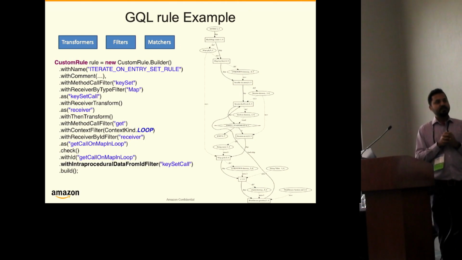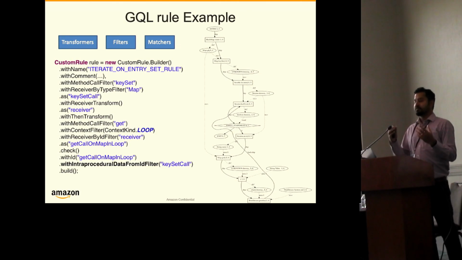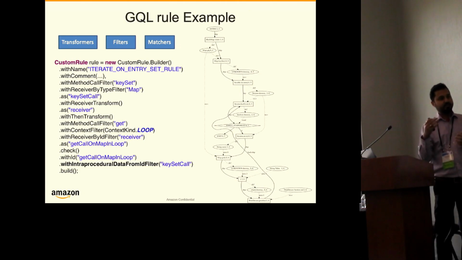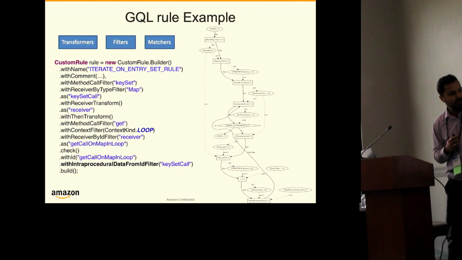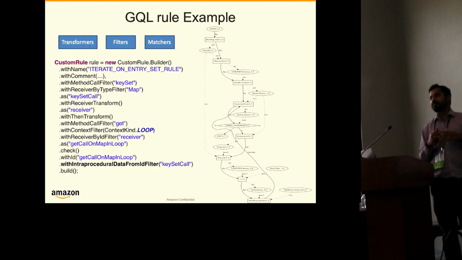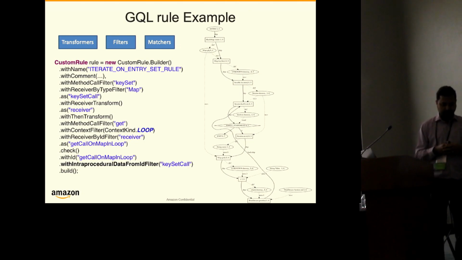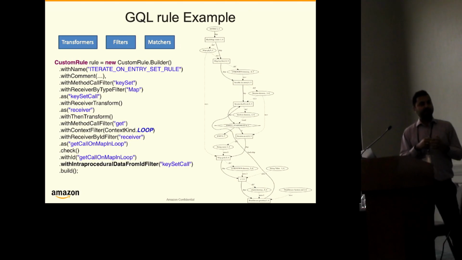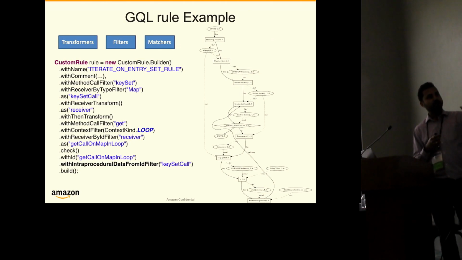This means it's going to perform interprocedurally and check whether in any of these methods, starting from this getCallOnMapInLoop match frontier, this keySetCall is found in the graph. So you can see, if I am a domain expert and I don't have knowledge of static analysis, what I need to learn is the syntax and the semantics of this language, which allows me to express a complex query like this.